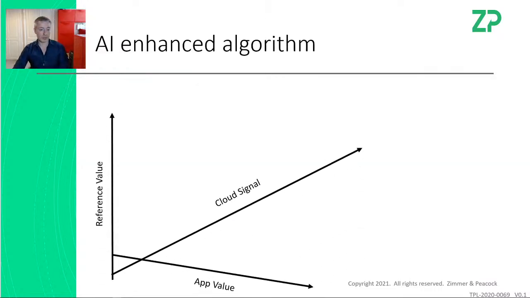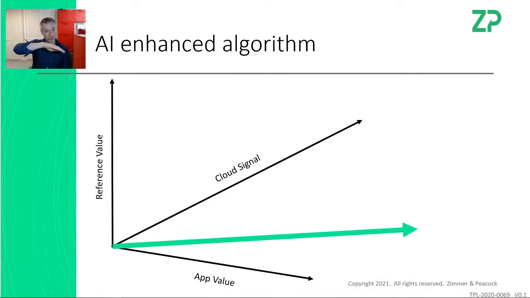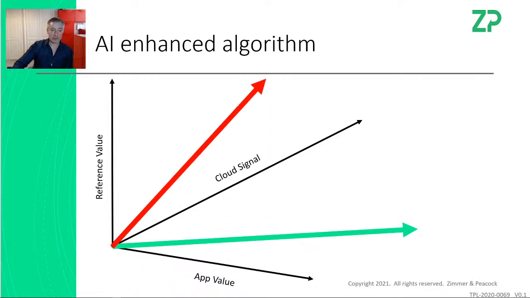So we have a reference value and an app value, and we want a good, one-to-one correlation between them. Sometimes those correlations in early development phases are not as good as you would want. But because we're sending the raw data to the cloud, we also have the cloud signal, literally the raw data behind the test that was done on the app in the field.